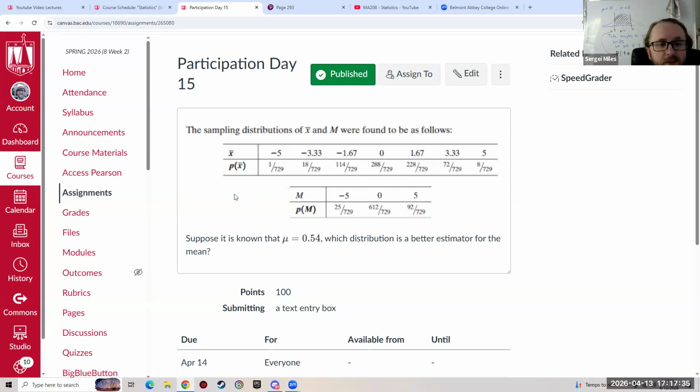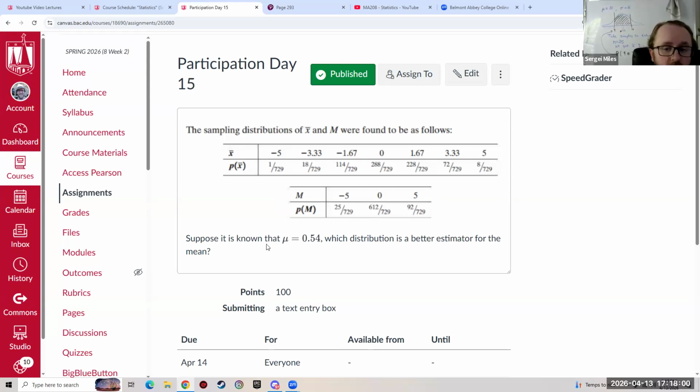So we're trying to estimate the population average, and we have this sampling distribution, which is using X bar. We also have this other sampling distribution, M, which is using the median. And so these are two different distributions, which are calculating different results, trying to determine what is this kind of middle value, okay?